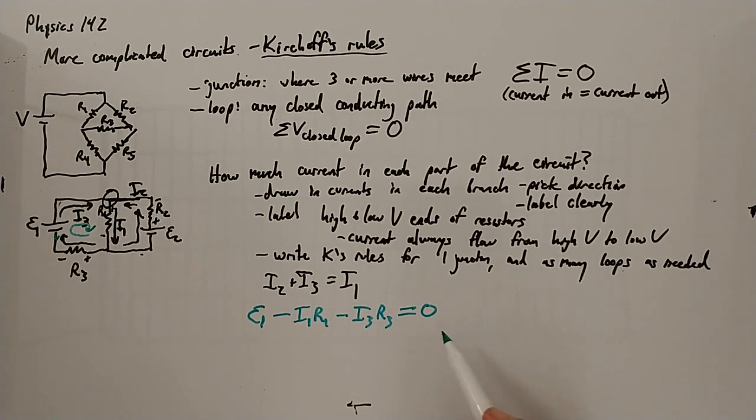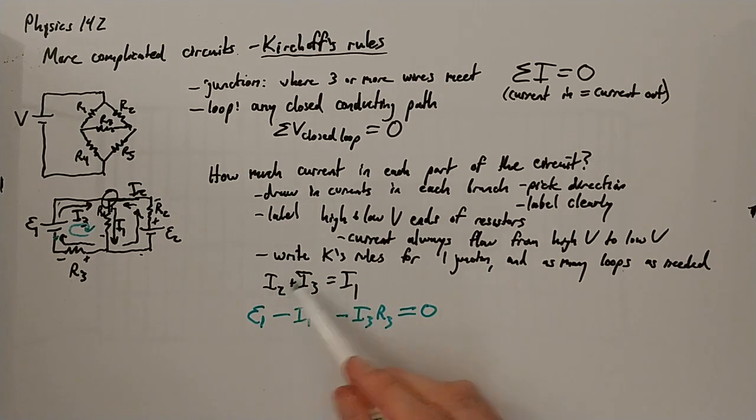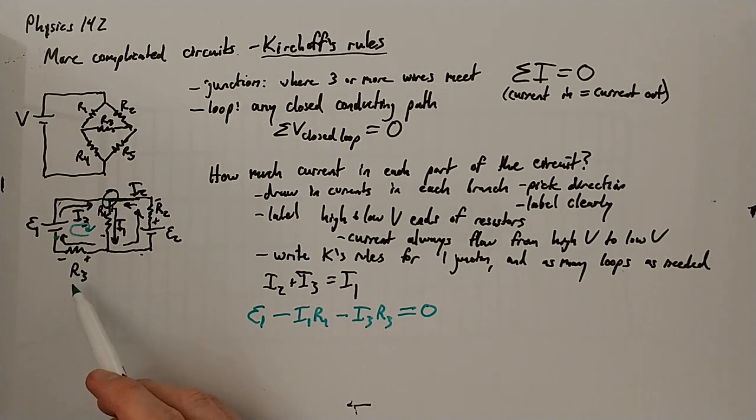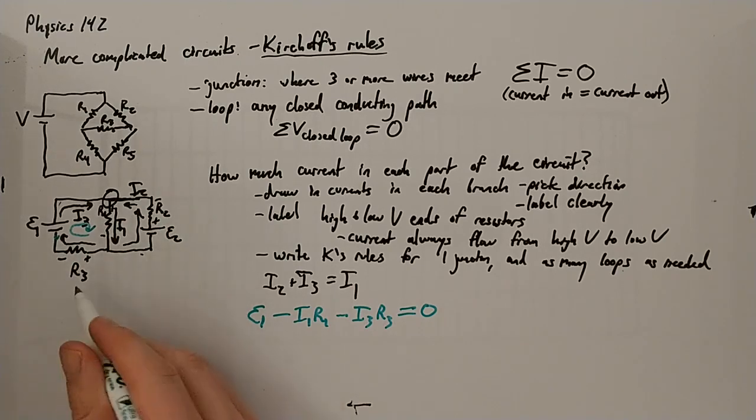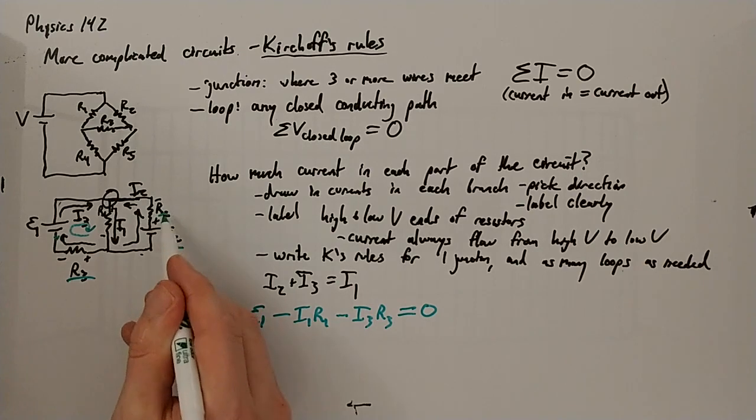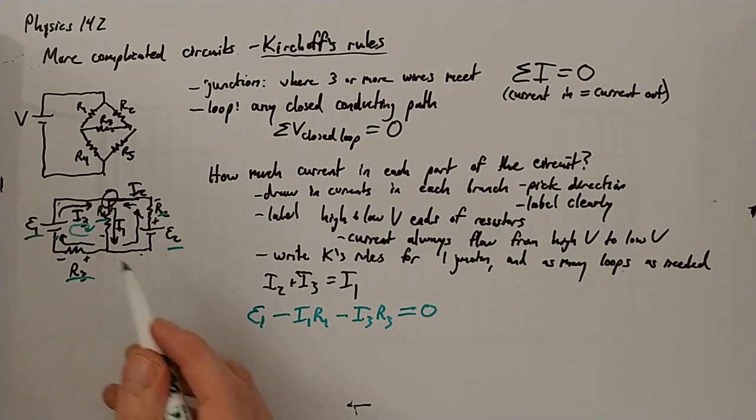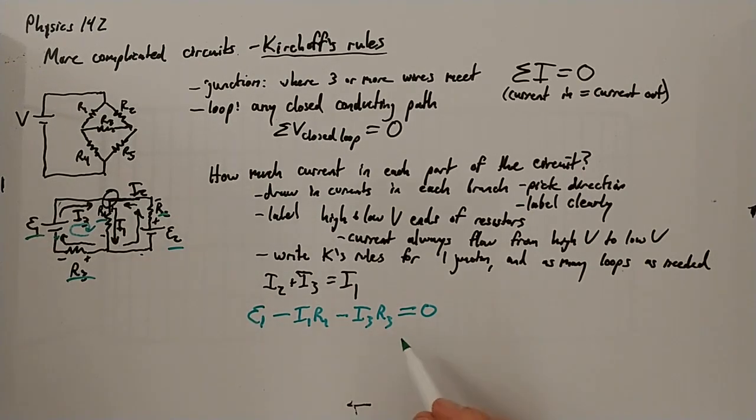Well, now I have two equations, still three unknowns, I2, I3, and I1. This has I1 and I3. Remember my givens were R1, R2, R3, and the two epsilons. So these were all my givens, and I'm trying to find the currents. So I need one more equation. You need the number of equations equal to your unknowns.